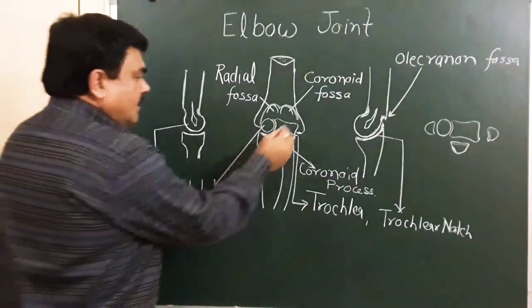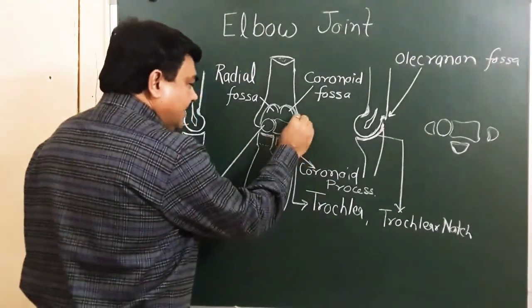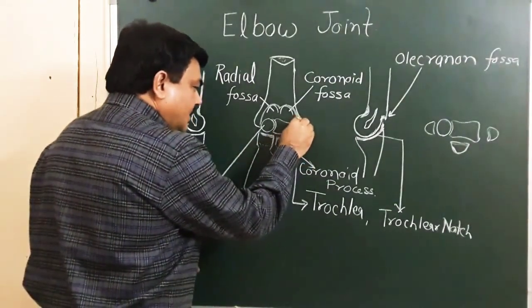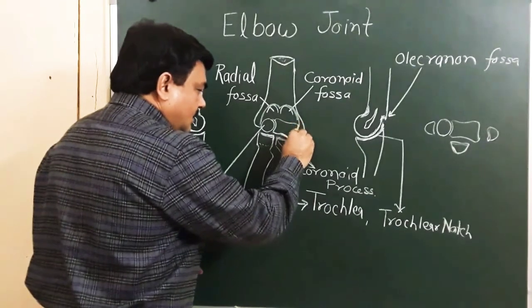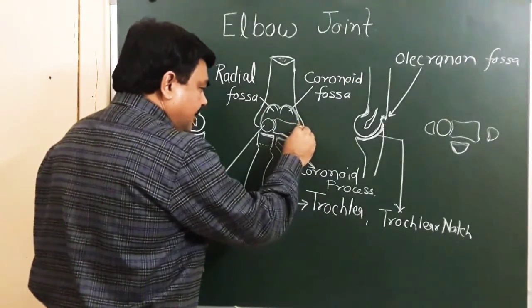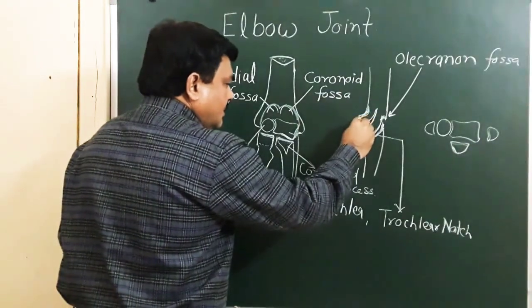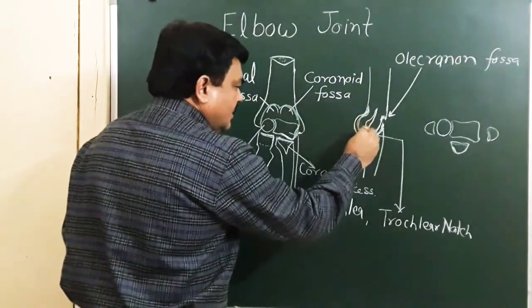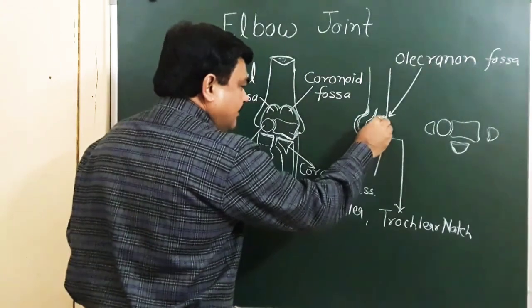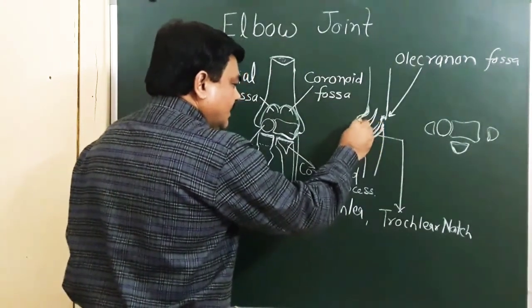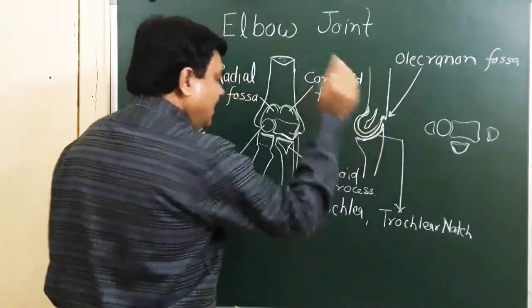Then, from the medial side, it covers the margin of the articular surface of the trochlea.